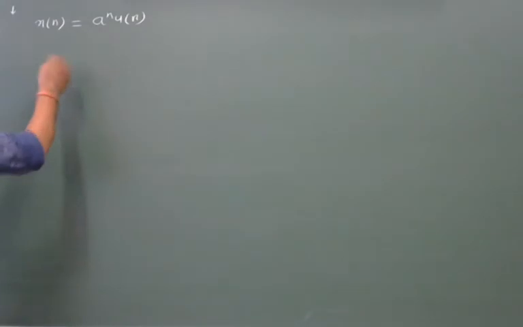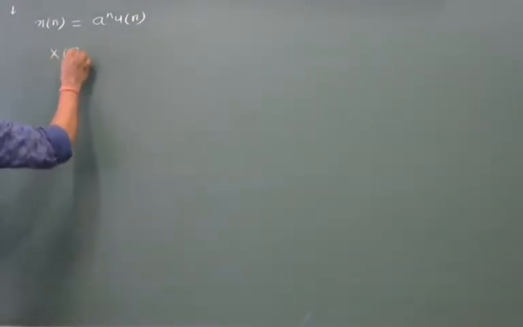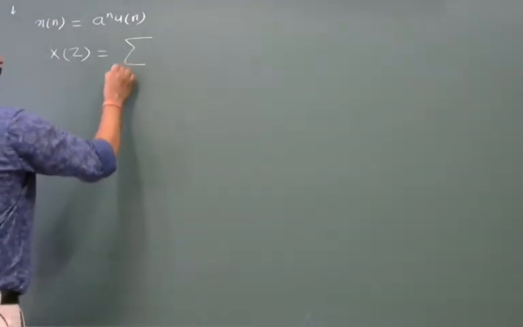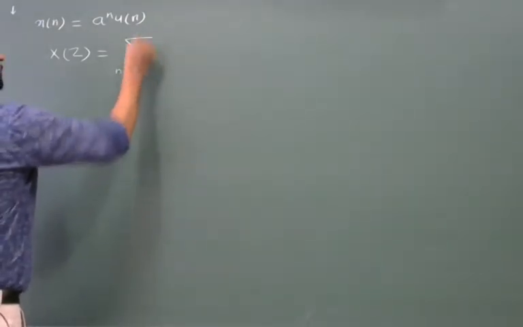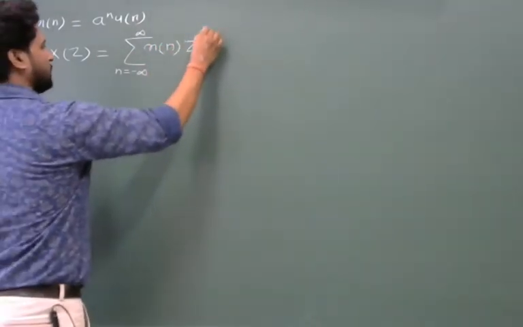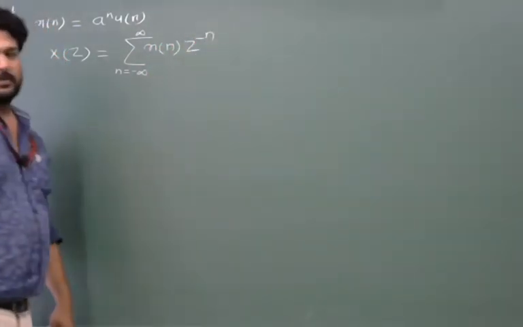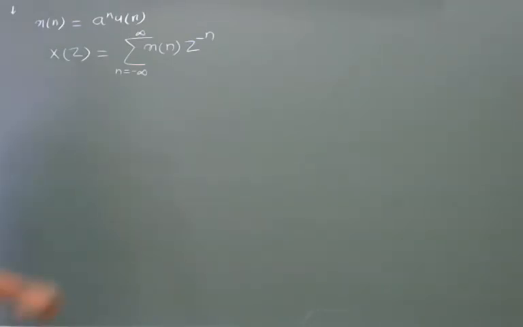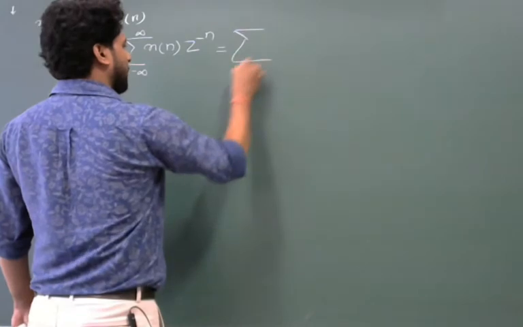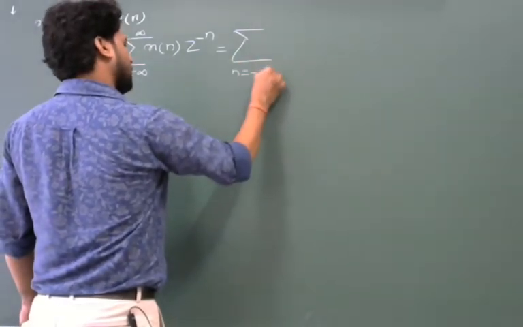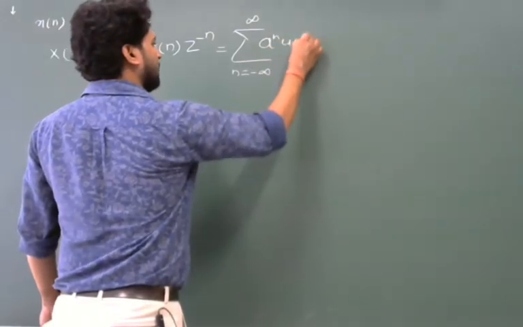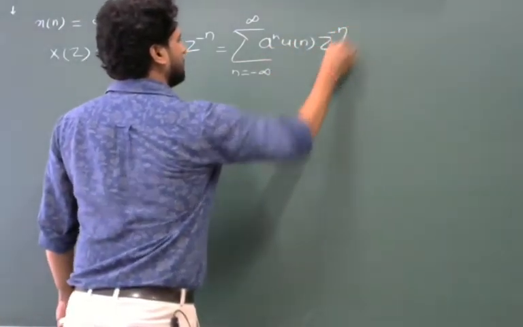So we can find the z transform by using this relation: X of z is equal to the sum over n from minus infinite to plus infinite of x of n into z power minus n. Now x of n is given here, it is a power n u of n, so the sum over n from minus infinite to plus infinite of a power n u of n z power minus n.